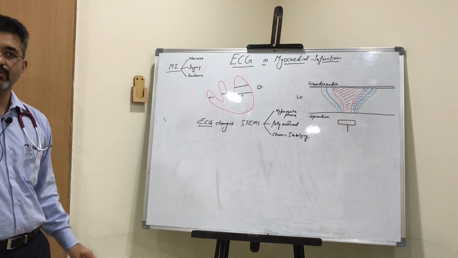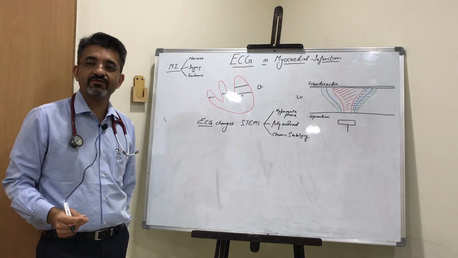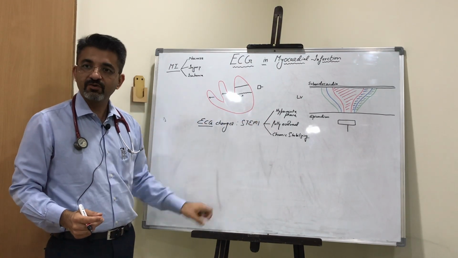So an ECG will pass through various stages when we are talking of STEMI: hyperacute phase, fully evolved phase, and chronic stabilizing phase.